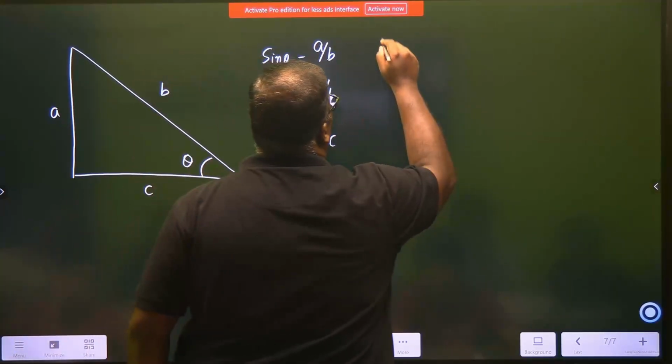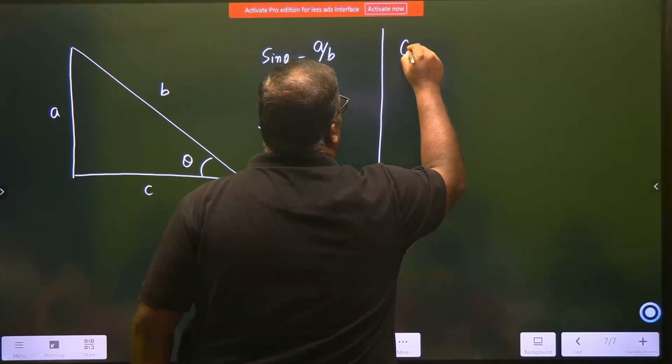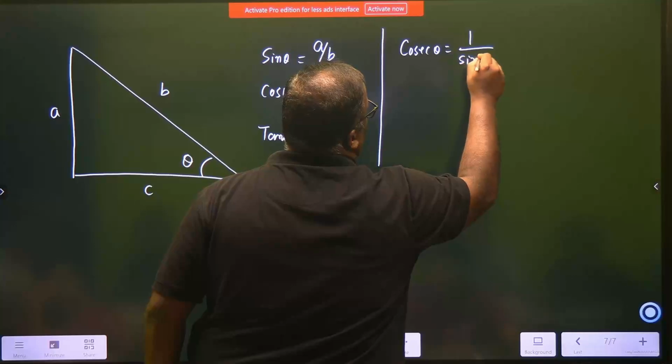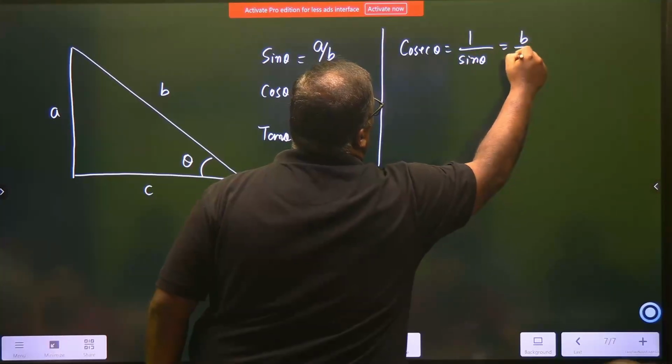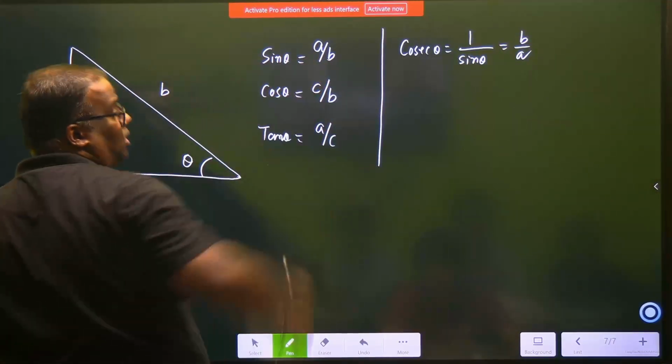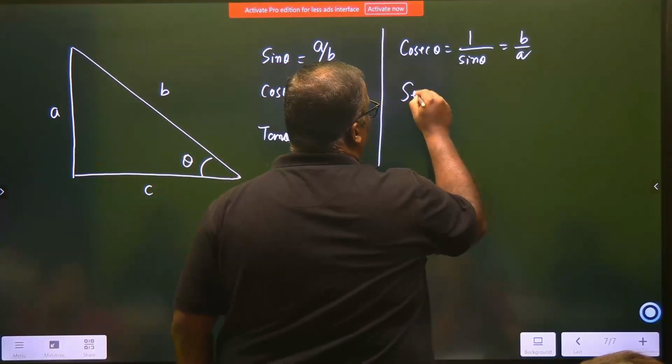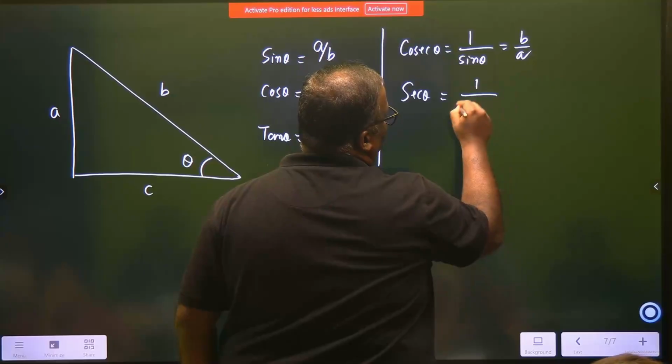So we should now go with their girlfriends also. What is cosec theta? 1 upon sine theta. So it should be B upon A. Just invert this. Then what is sec theta? 1 upon cos theta.